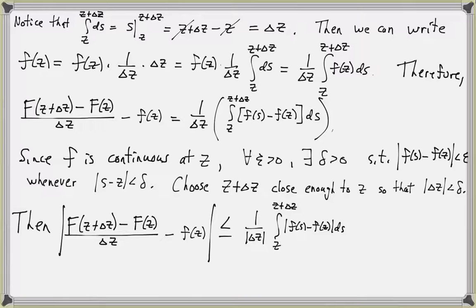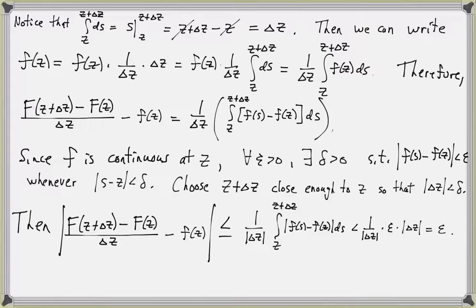So this expression will be strictly less than 1 over absolute value of delta z times epsilon, which is our M in the ML formula, and the length of the contour from z to z plus delta z is equal to the absolute value of delta z, as we assume the contour was just a straight line segment. So this is just equal to epsilon.